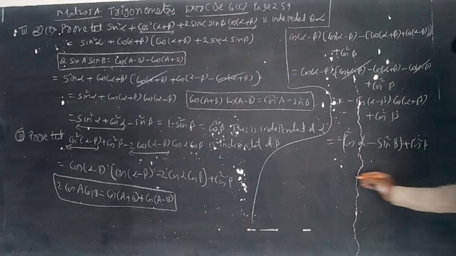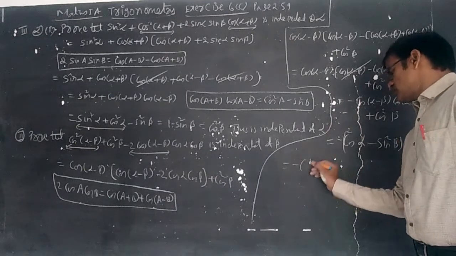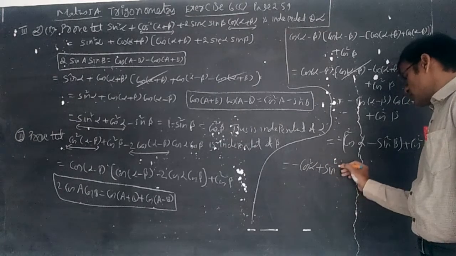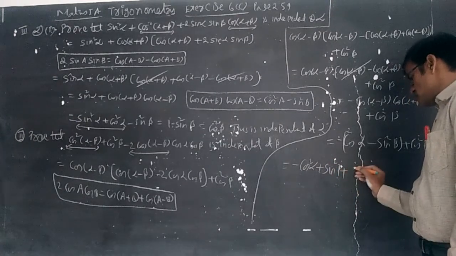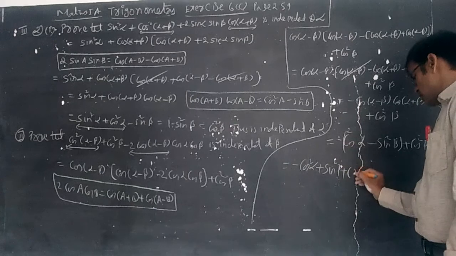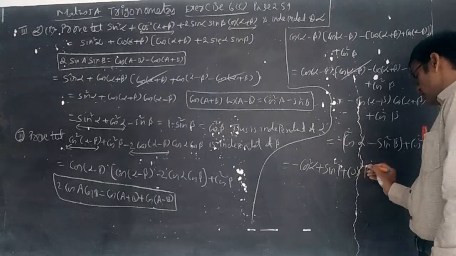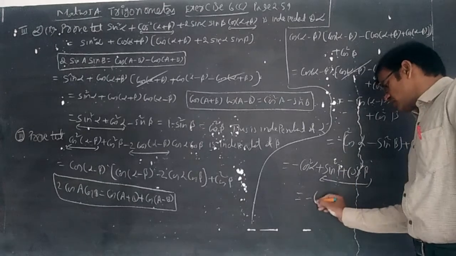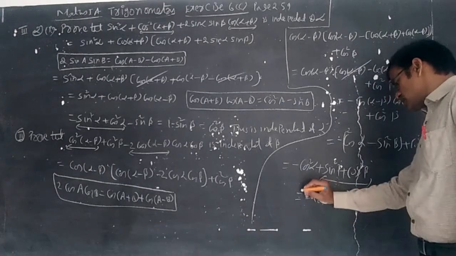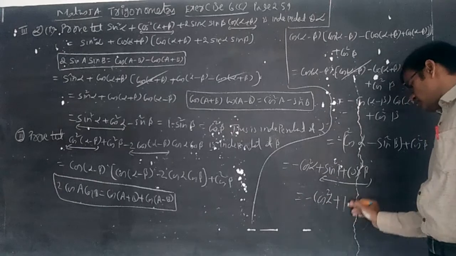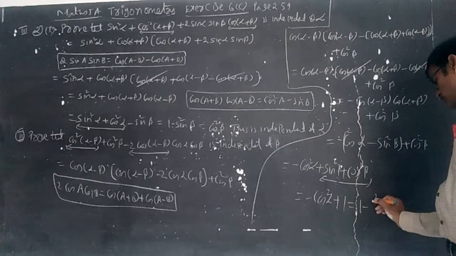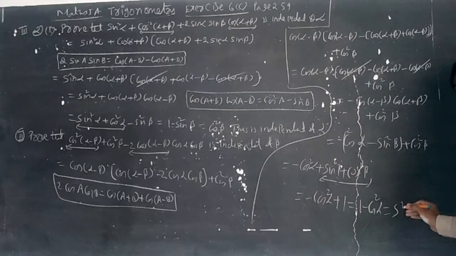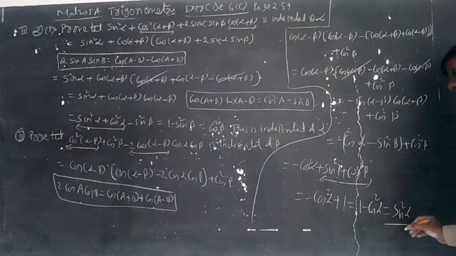That is equal to cos square alpha minus sin square beta becomes plus sin square beta, plus cos square beta. Here sin square beta plus cos square beta gives 1. So this is minus cos square alpha plus 1, you can write 1 minus cos square alpha, which is nothing but sin square alpha.